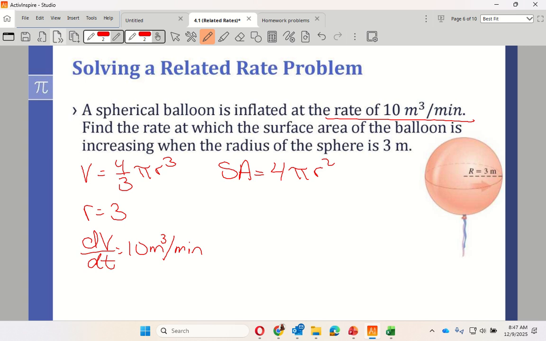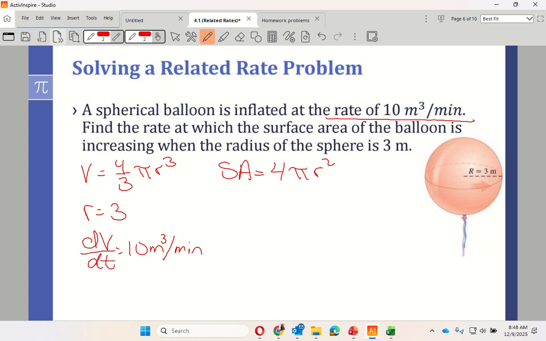If I had a dy dx, I'm changing y in respect to x, so as my x changes, the y changes. So it's a slope, change in V over change in t. The slope at a point is this right here.